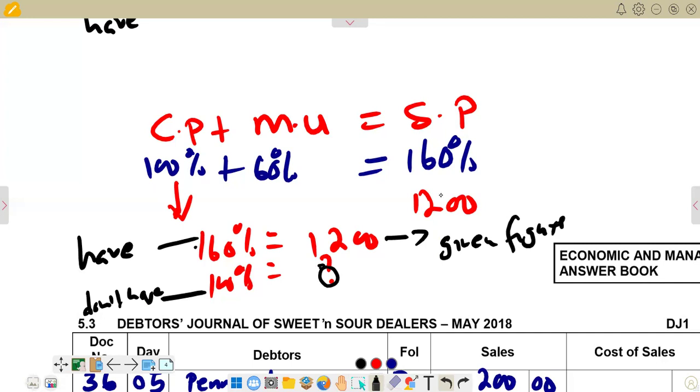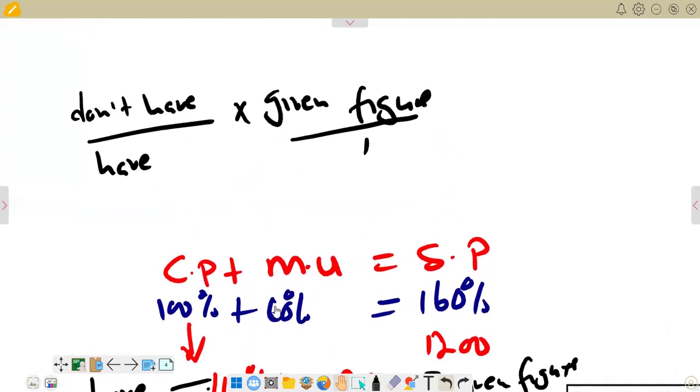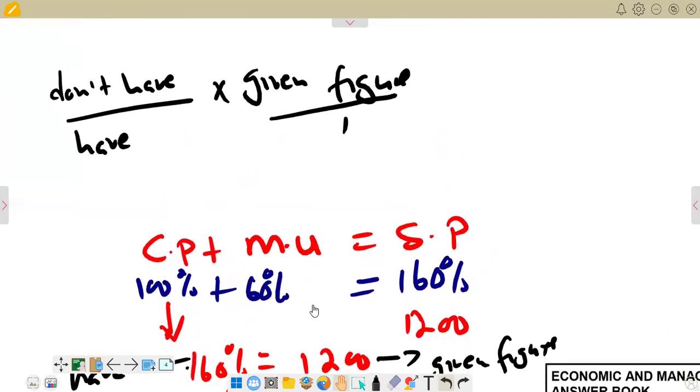So you can just put it in that formula by saying now what you don't have is 100%. What we have is 160%, and then you multiply by the given figure, which is 1,200 over 1. So you multiply there, and the figure that we're supposed to get there, if you multiply correctly, is 750.